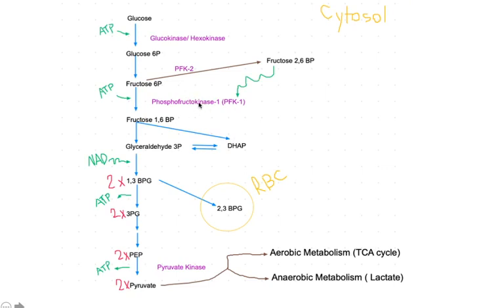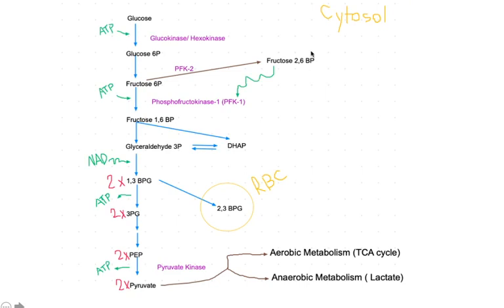Okay, so let's get a closer look at how this enzyme works in close relation to insulin and glucagon. Here we have fructose 6-phosphate converted to fructose 1,6-bisphosphate. Alternatively, fructose 6-phosphate can be converted to fructose 2,6-bisphosphate by the enzyme phosphofructokinase 2, PFK2.